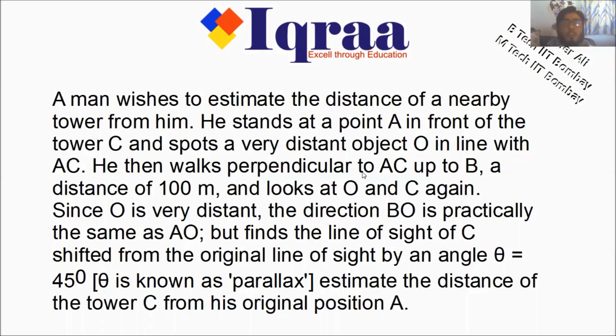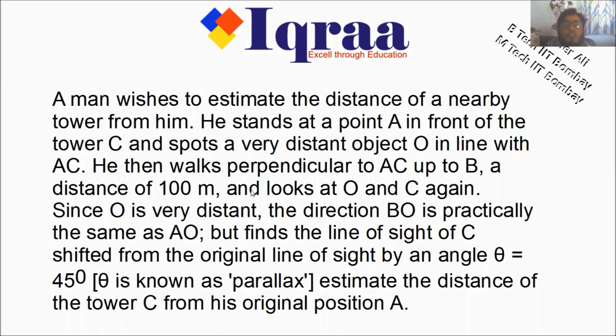He then walks perpendicular to AC up to B, a distance of 100 meter, and looks at O and C again. Since O is very distant, the direction BO is practically the same as AO, but he finds the line of sight of C shifted from the original line of sight by an angle theta equal to 45 degree. We call this theta the parallax angle. Estimate the distance of tower C from its original position A.